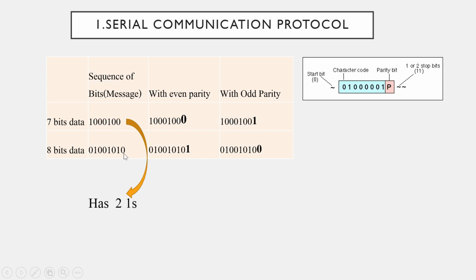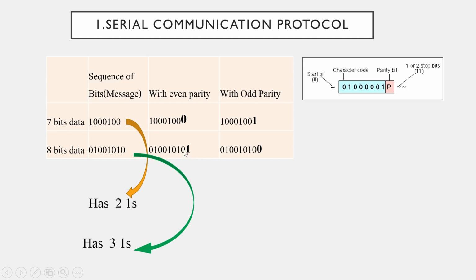And if your data message is 8 bits and has 3 ones, 3 ones means it is an odd number. So if you set the communication parameter as even parity, you need to add a parity bit of one here. If you count the ones now, it will be 4 ones, meaning an even number of ones.